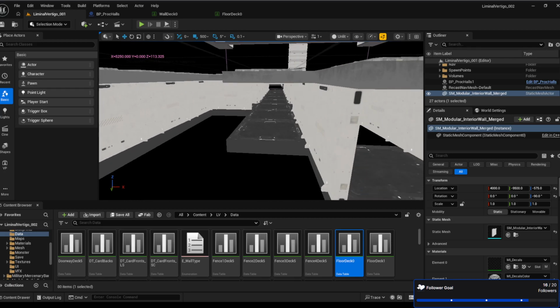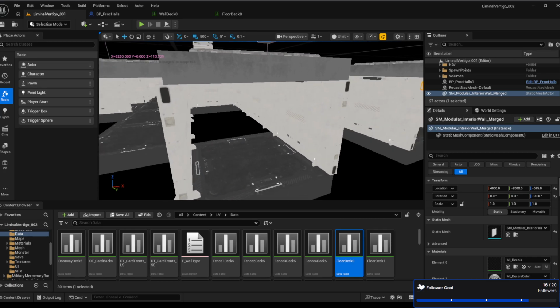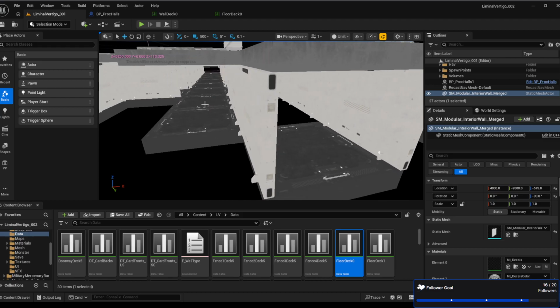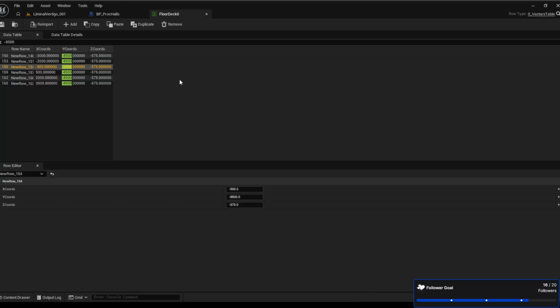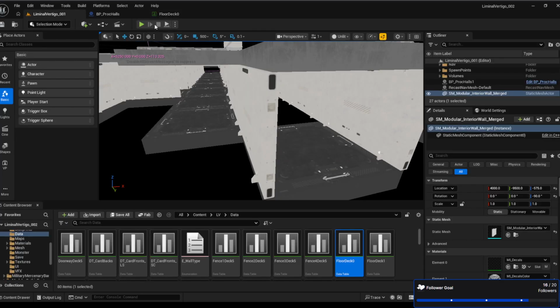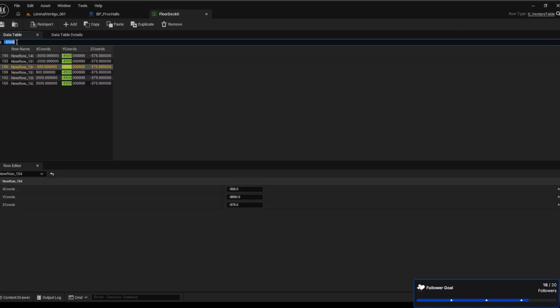But let me move these. So if this was 8,500, this is 9,000 and 9,500. So that needs to be 9,000. This 3,500 becomes 3,000. And this 1,000 becomes 500.